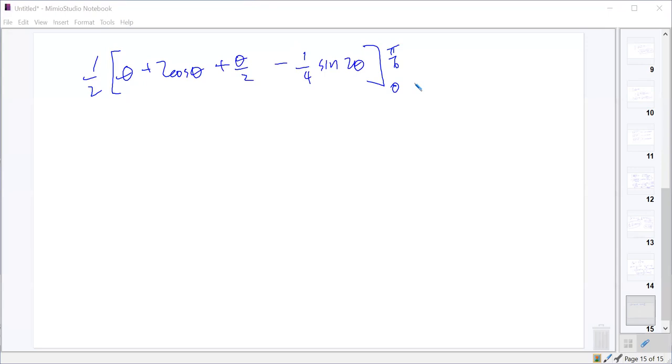If you are looking for the area between two polar curves, you've just got to figure out where they intersect and do the outer one minus the inner one. Just be careful with your limits.